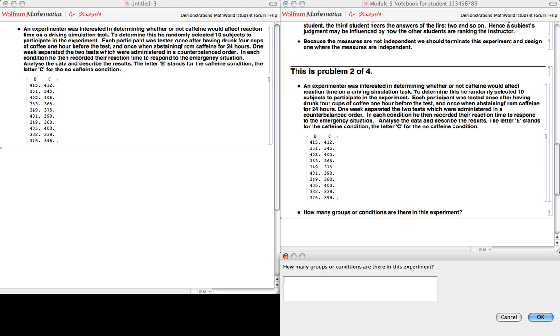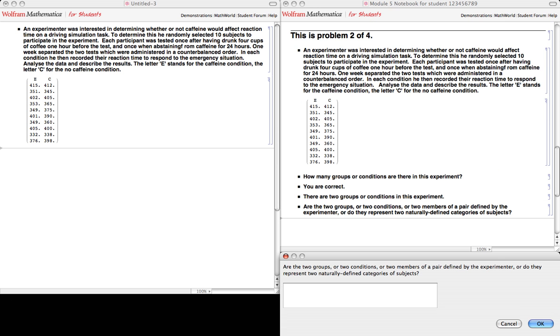All right. C is for the no caffeine. Okay. How many groups or conditions are there in this experiment? Well, there's a caffeinated group and the non-caffeinated group. Even though it's the same group of subjects, I'm going to say 2 and hope for the best. Okay, so that's correct. Are the two groups or two conditions or two members of a pair defined by the experimenter, or do they represent two naturally defined categories of subjects?